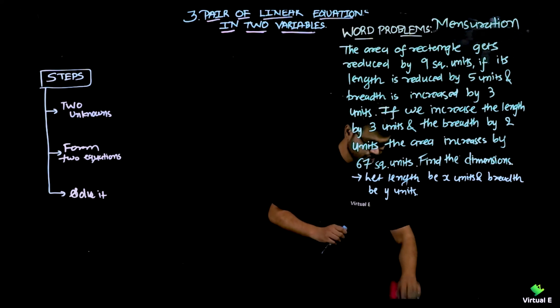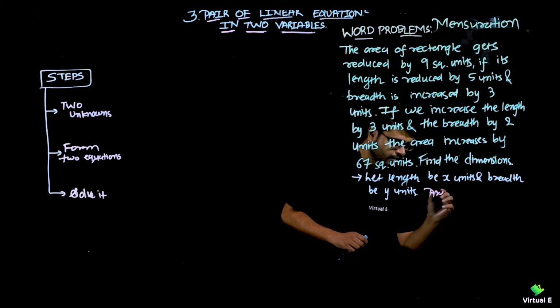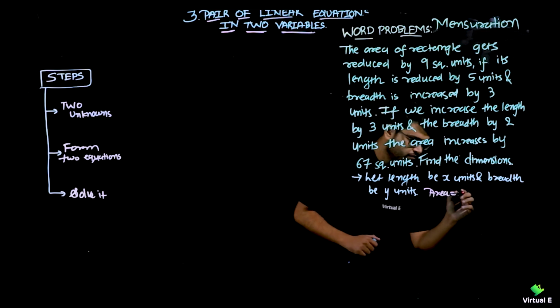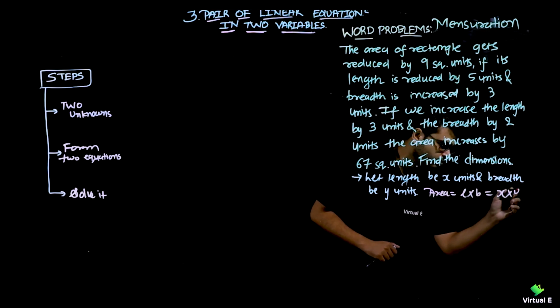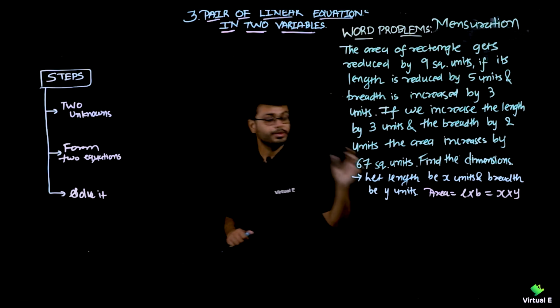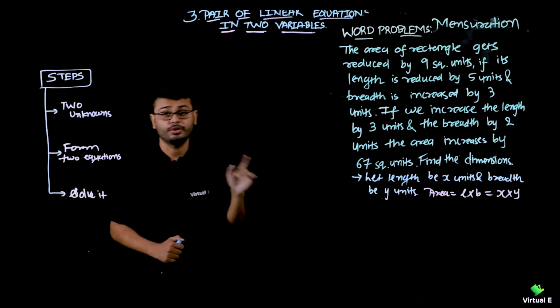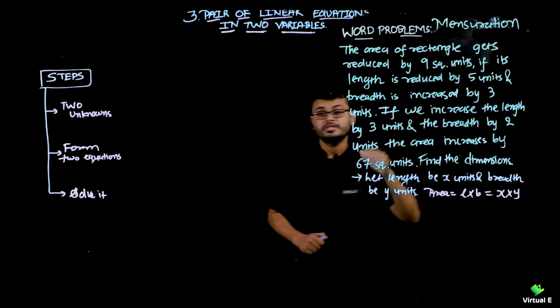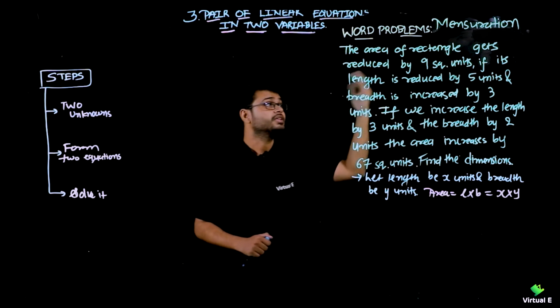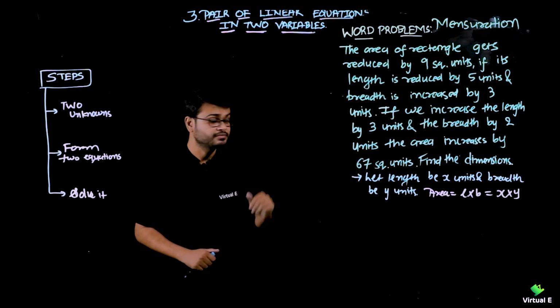Let me find the area as well. Area is equal to length into breadth, which is x into y. So my original area, reference area, I'm going to take it, because there are two different kinds of changes given in area. Either it is increasing or it is decreasing, right?